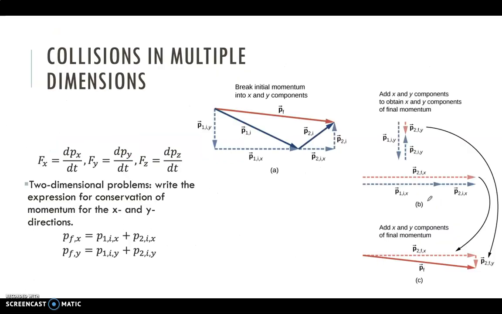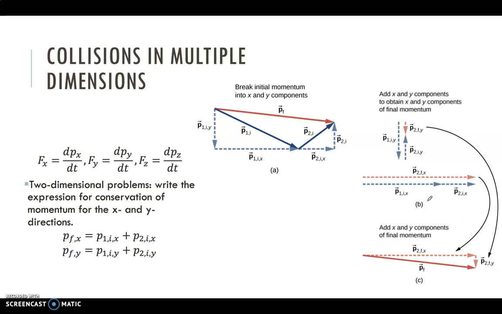All right, so I'm going to go ahead and get started on this slide, and we'll probably have to finish it on the next video. But we will now take this into collisions in multiple dimensions. As we know, if we hit a billiard ball, it's not necessarily going to go perfectly straight, right? In theory, that would be nice, but we do have some x and y values of the movement.